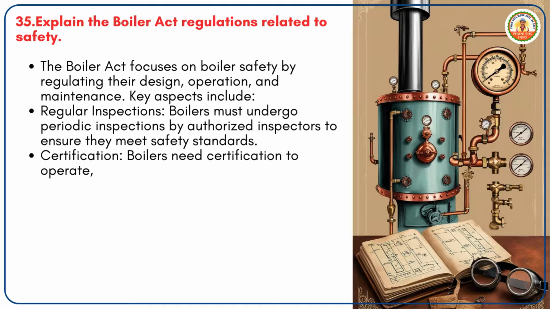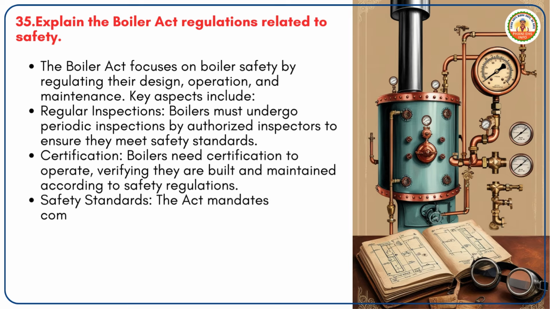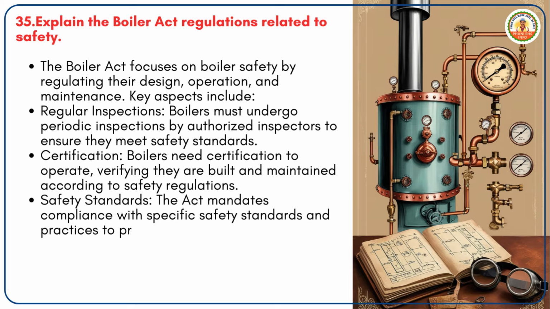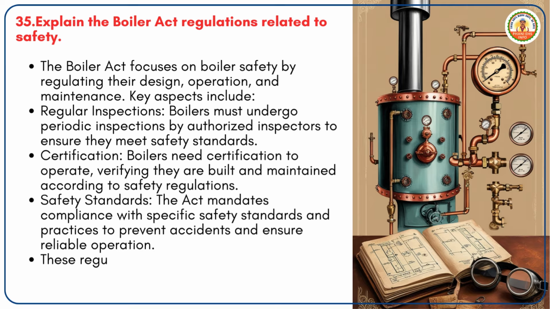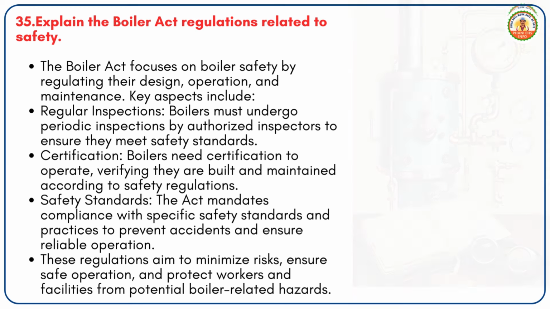Boilers need certification to operate, verifying they are built and maintained according to safety regulations. Safety standards. The Act mandates compliance with specific safety standards and practices to prevent accidents and ensure reliable operation. These regulations aim to minimize risks, ensure safe operation, and protect workers and facilities from potential boiler-related hazards.